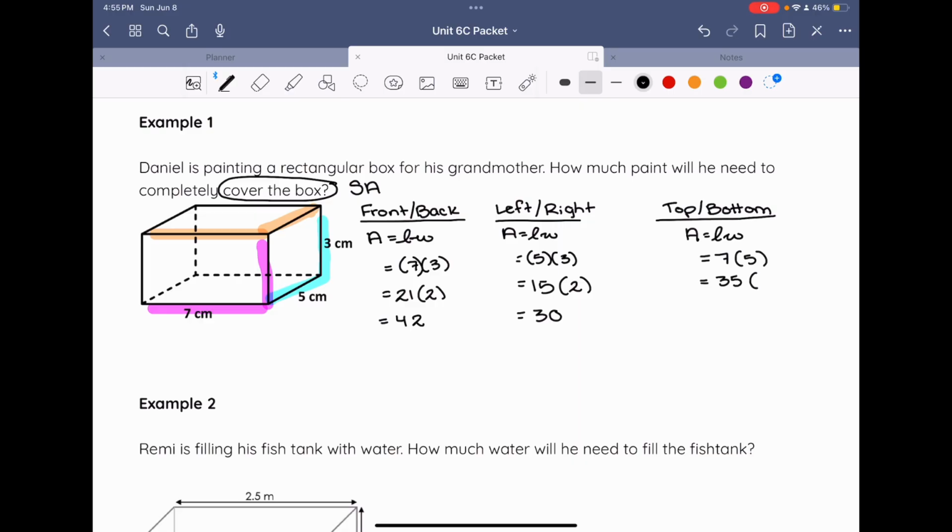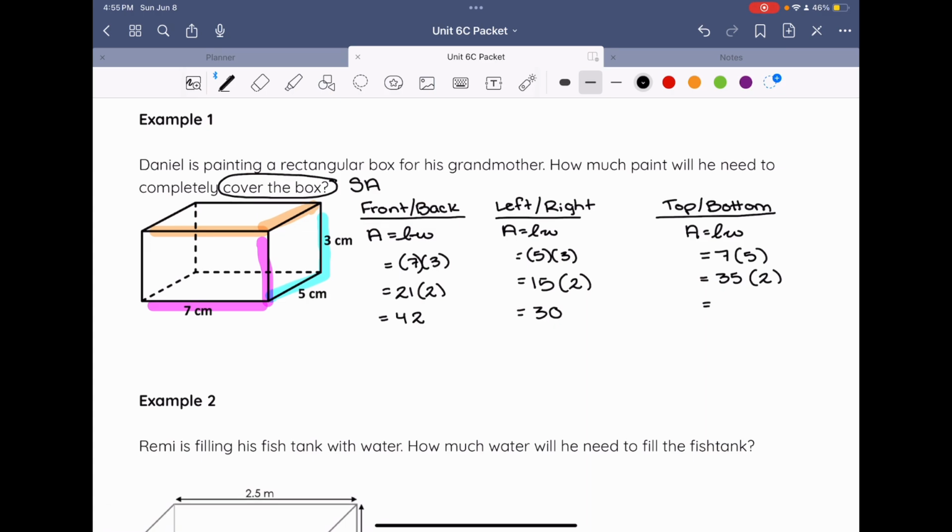And again, multiplying by 2. Now my last step for the total surface area is to add everything together. So 42 plus 30 plus 70. All right. In total, when you add those up in your calculator, you should get 142 centimeters squared. So that's how much paint he would need. Enough paint to cover 142 centimeters squared of space.